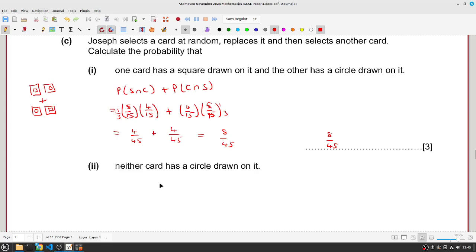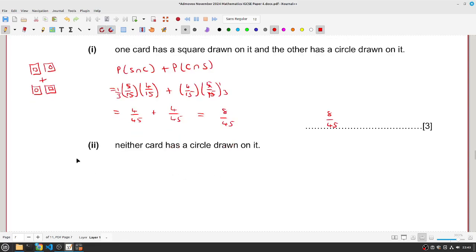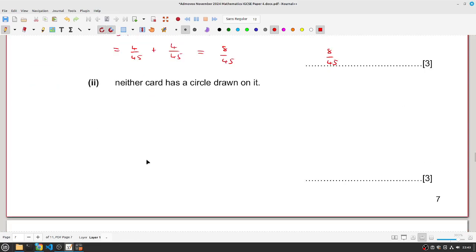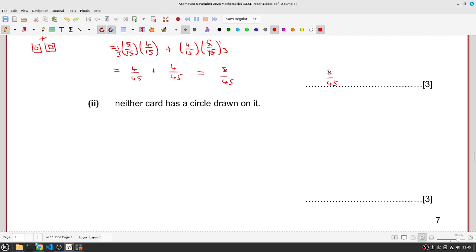Now the same procedure, but now they ask, what is the probability that neither card has a circle drawn on it? So the cards must have everything except a circle, both cards. There are different ways we can do this. If we write it out, it's going to be all these probabilities.